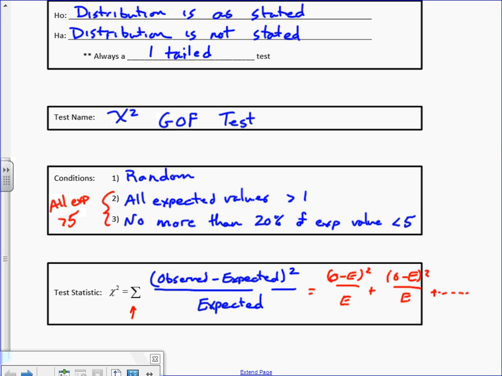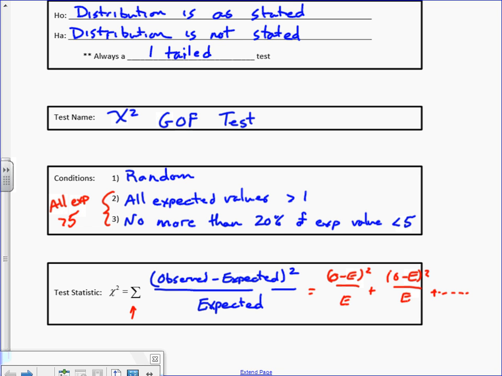So again, think about the M&M's example. There'd be an observed number of reds versus an expected number of reds. And you'd add to that the observed number of greens minus the expected number of greens squared over the expected, and so on and so forth. So you have a lot of different colors in that one bag, and we can put them all together.